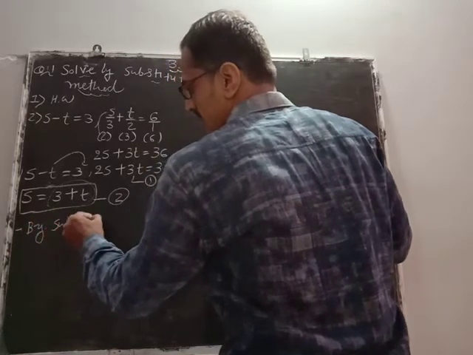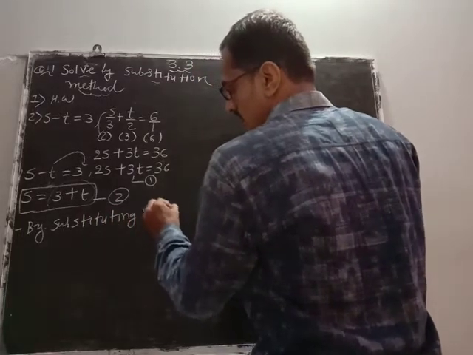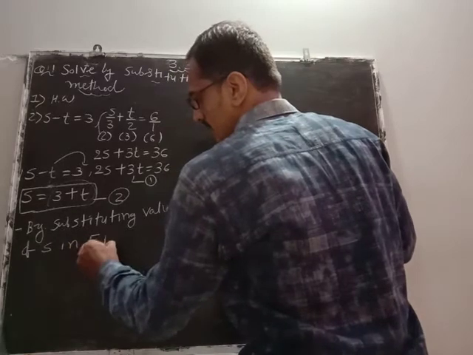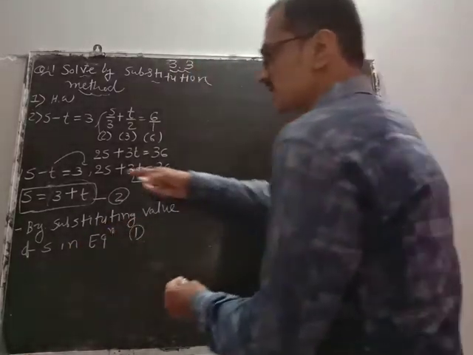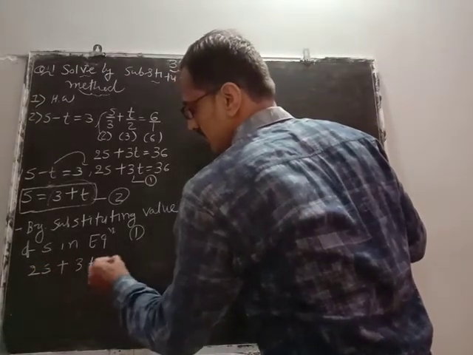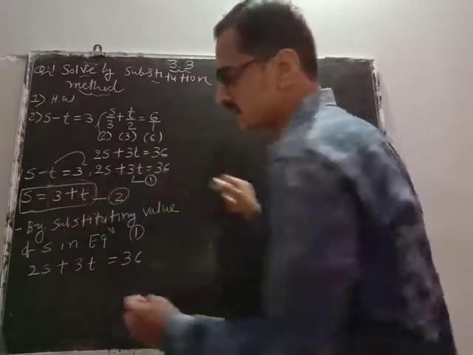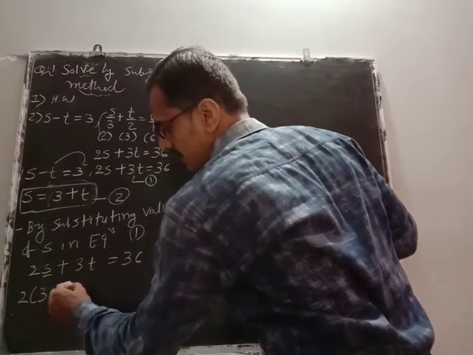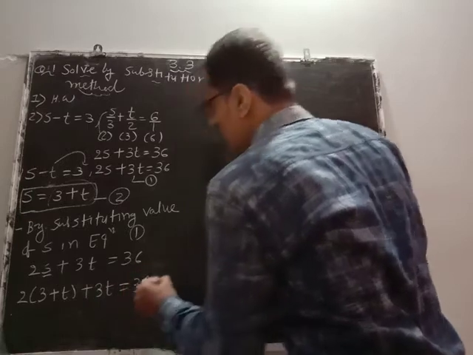So by substituting the value of S in equation first. Equation first is 2S plus 3T equals 36. So what is the value of S? 3 plus T. So instead of S, we will write 2 into 3 plus T, plus 3T equals 36.